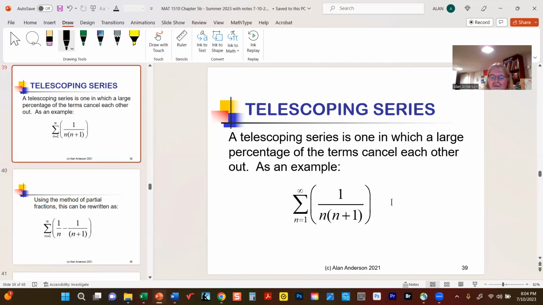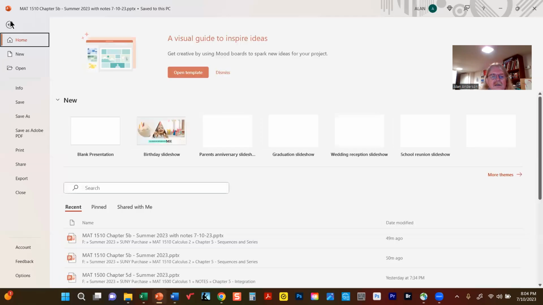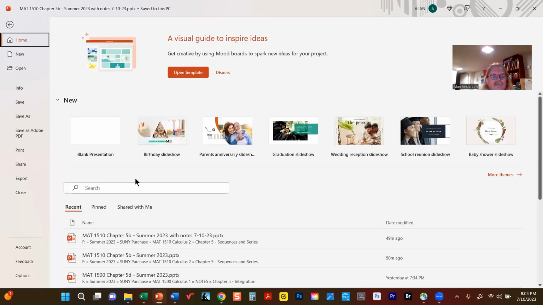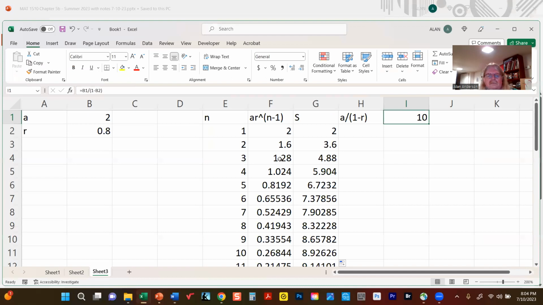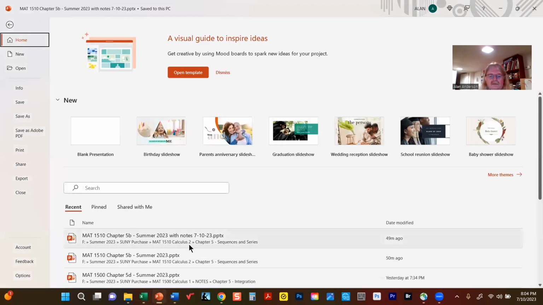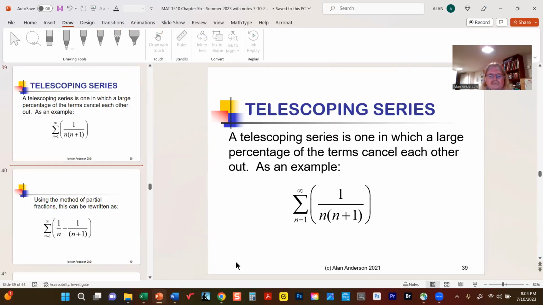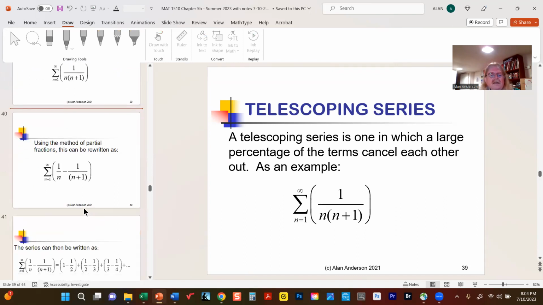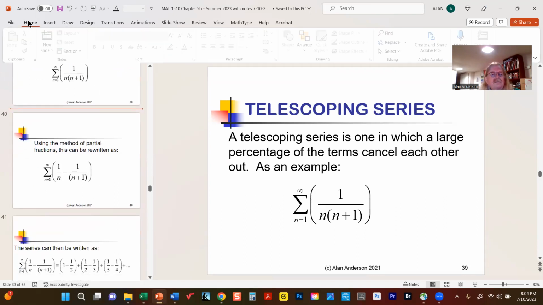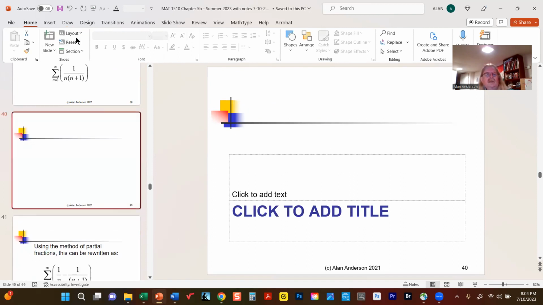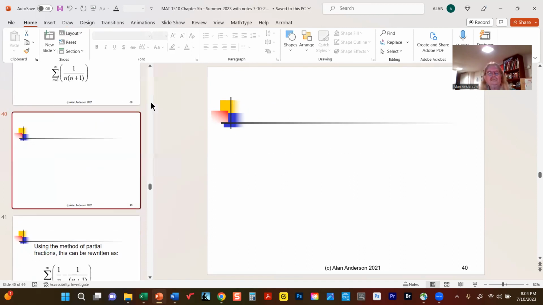Now partial fractions. Oh, here we go. Partial fractions. Okay, let's just quickly review this. It says, yeah, it tells us, but let's just demonstrate it. So if you're going to use partial fractions, remember, this is what you've actually got.